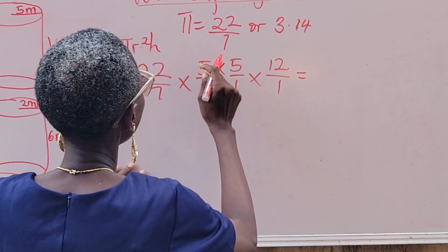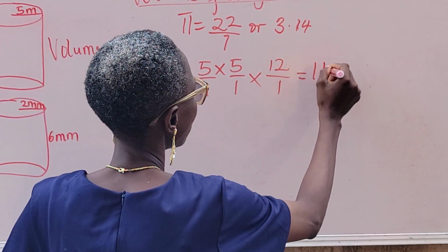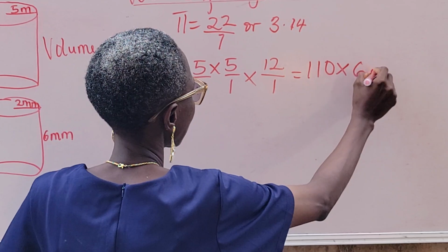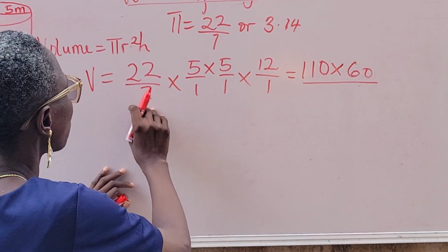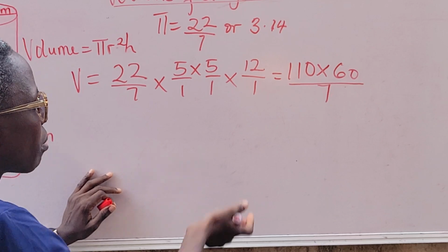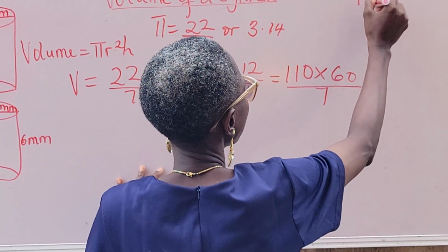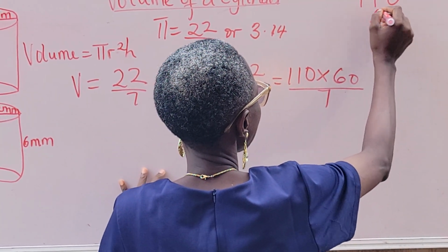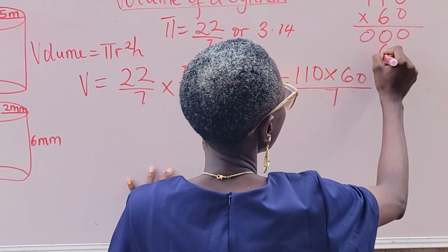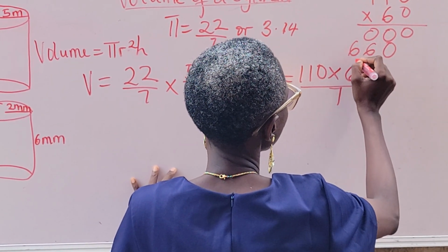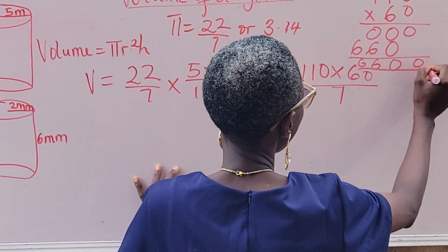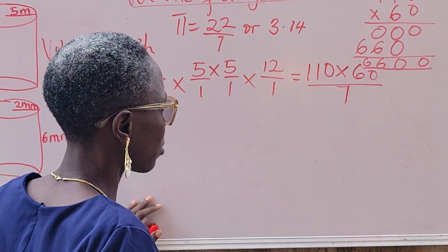So 22 times 5, that's 110, times 5 times 12, that's 60, over 7 times 1 times 1 is still 7. Then I can multiply it by 60. 0, 0, 6, 6.